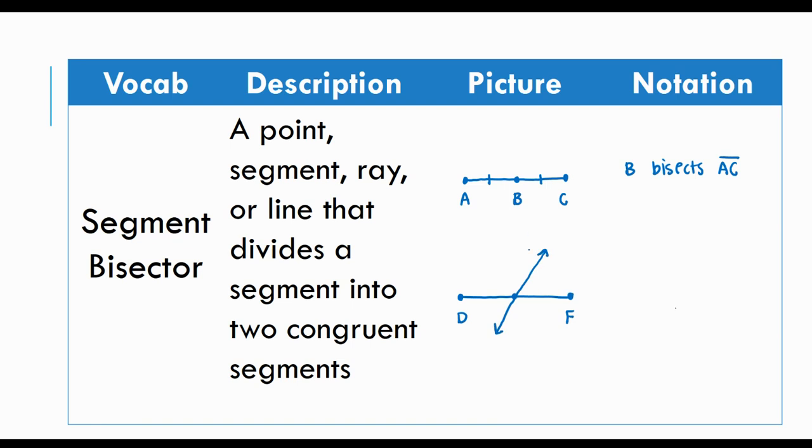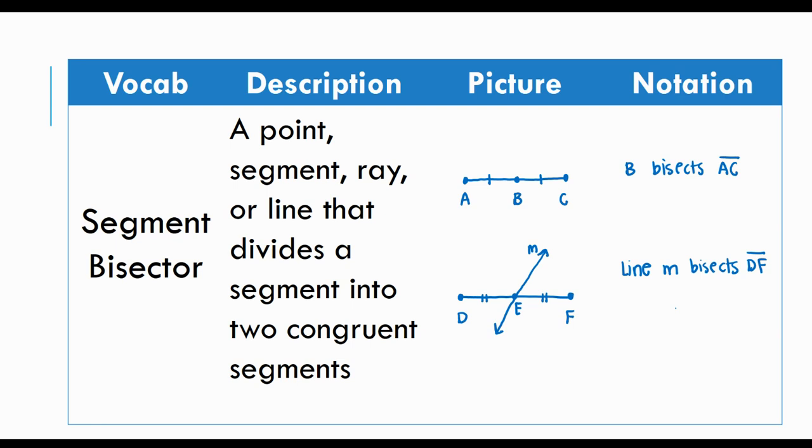I'm going to call it line M, and it's intersecting that segment at point E. And then once again, if it's the segment DF that's being bisected, I'm going to indicate it this time with two tick marks on either side. This indicates that it's line M that bisects the segment, and this segment would be segment DF.